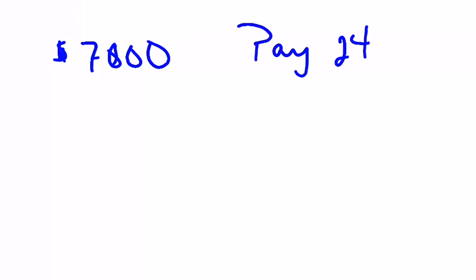Next example, Tim estimates his taxable income will be $7,000. He is paid twice a month or 24 times a year. So when he gets his paycheck, he gets 24 of them in a year.